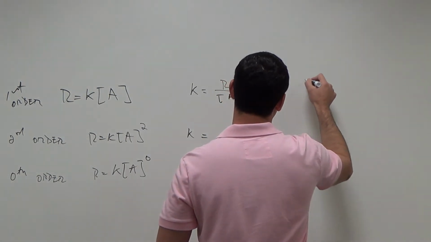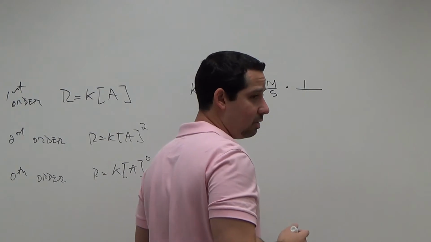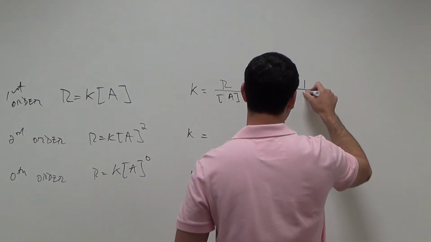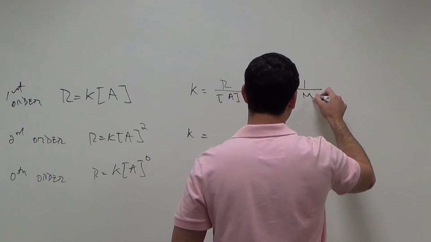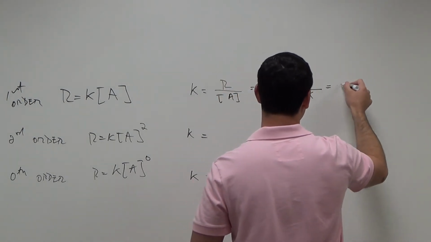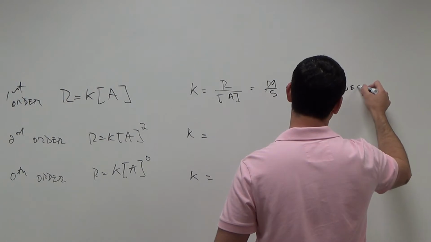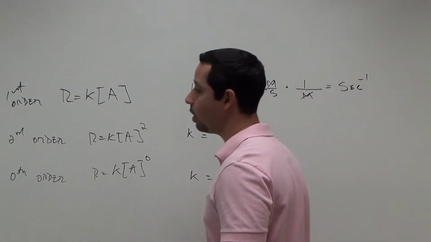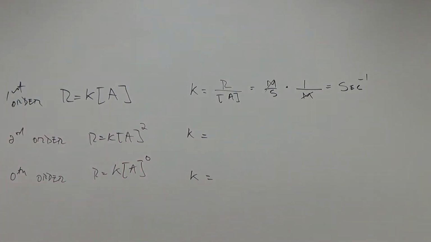I'm going to leave it like that and divide by the concentration of A, which is in molarity. So molarity cancels out with molarity. And the units on the first order rate constant are seconds to the -1, or inverse seconds. Yes or no?